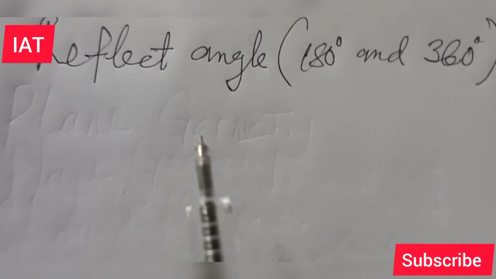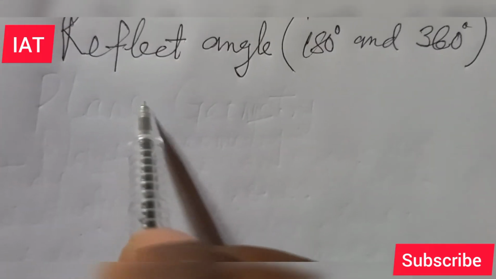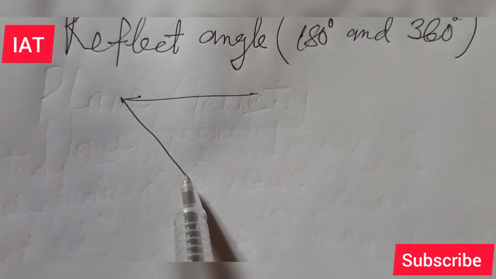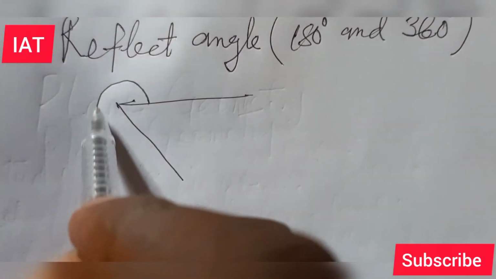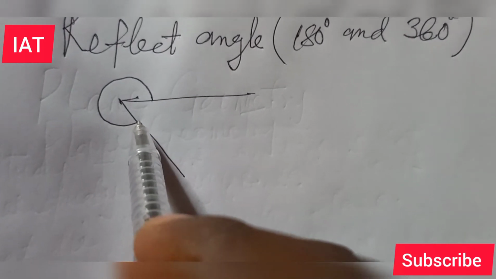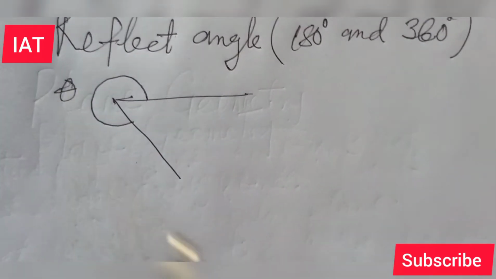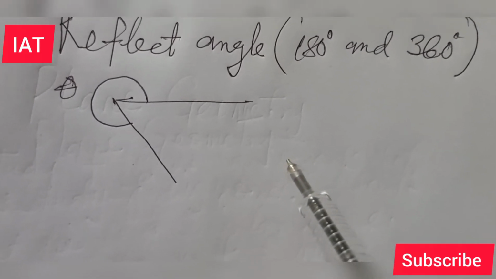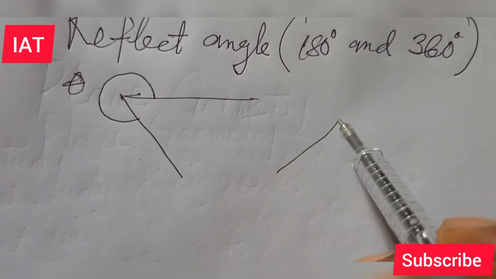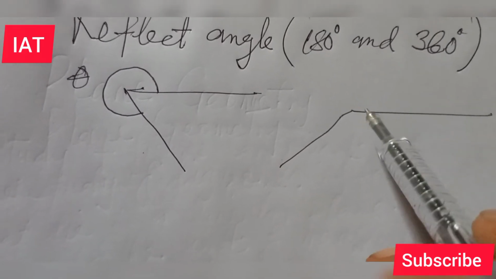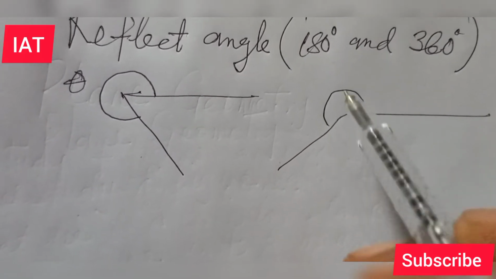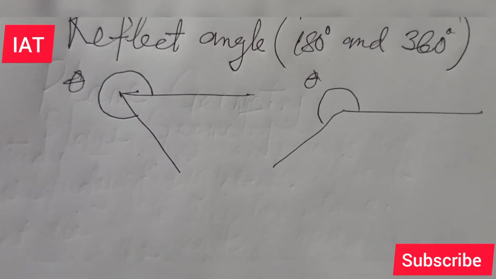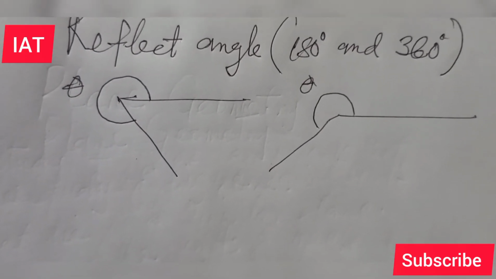The structure could be a straight line and something of this sort, like this. You can have your angle theta here, or some textbooks can still have it in this form. It's still the same thing. Whenever I draw it this way, it means that this angle lies between 180 and 360 degrees.